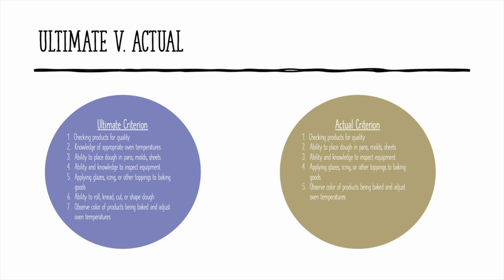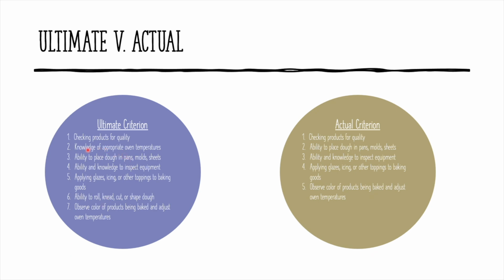Here's just a quick example for you all to look over for a minute. So some of these things within the ultimate criterion are either inconsequential or difficult to measure in the real world. This is for a baker, and it looks like I removed, let's see, can I get the laser pointer? There we go.